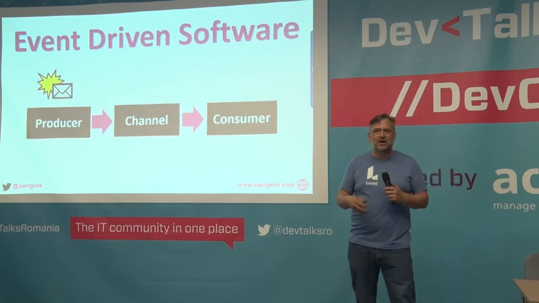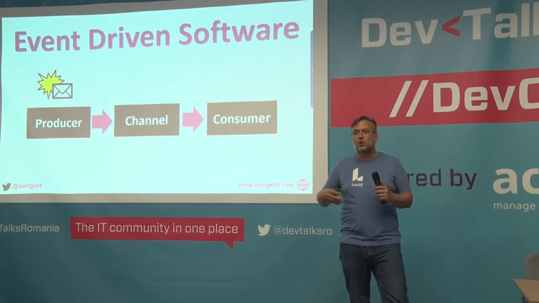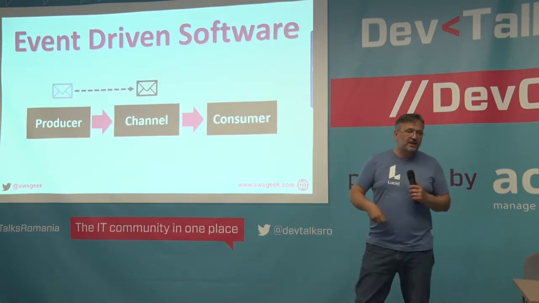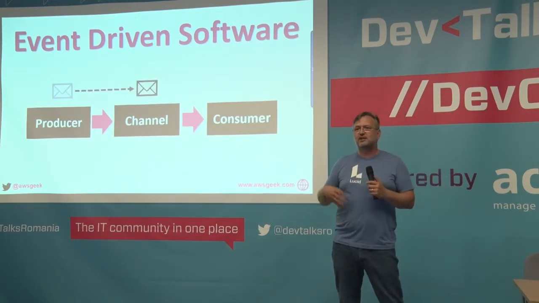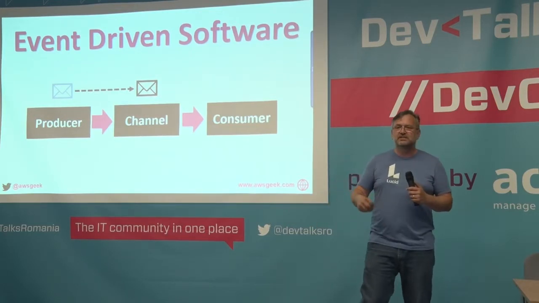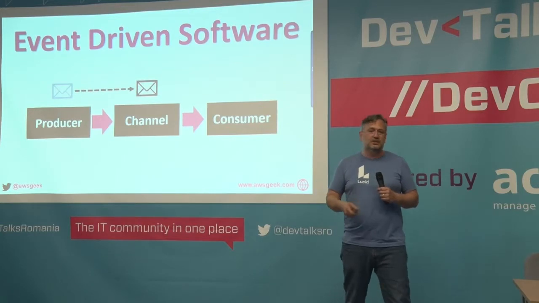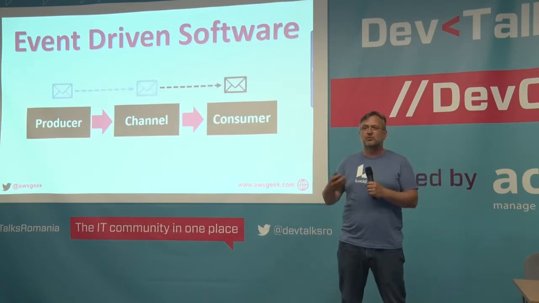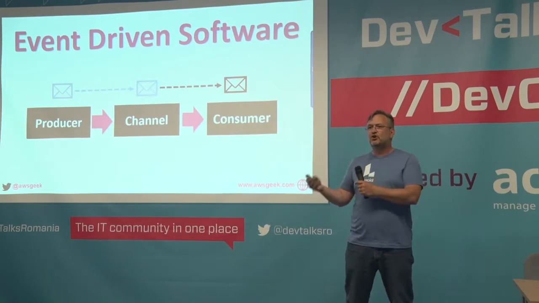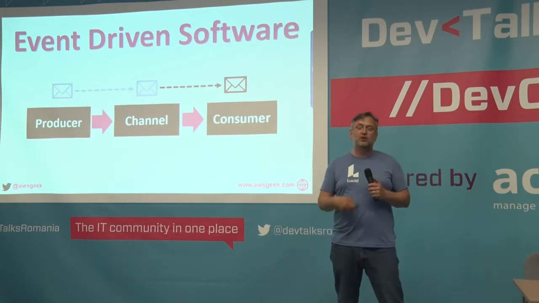A producer might be something that's generating events or initiating events or sending out messages. The channel, you might also know it as a message broker or a message pipeline or manager, takes those messages and delivers them to consumers. Consumers might be event sinks, they might be event notification mechanisms. The channel manages all of that.